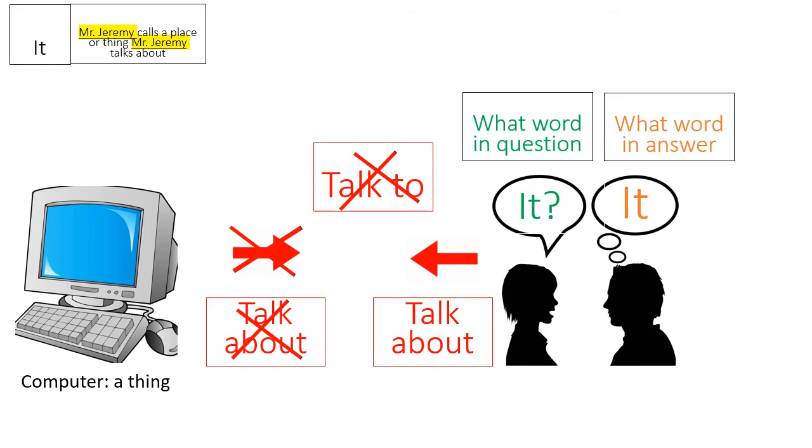If I talk about a computer with another person, and I make a question, I can say it in the question, and if the other person has an answer, they can also call the computer it. So notice we're talking about the computer. We're not talking to the computer. Okay?